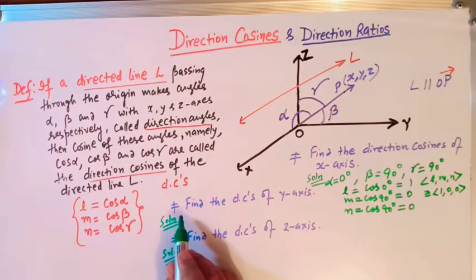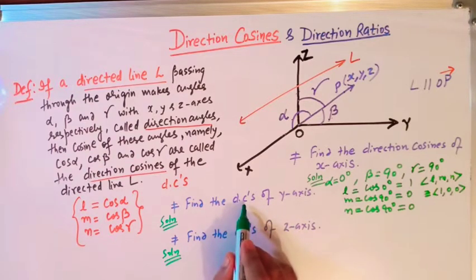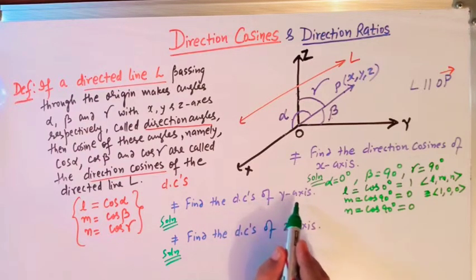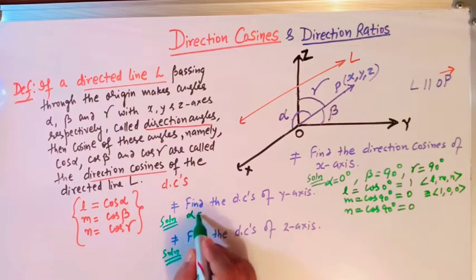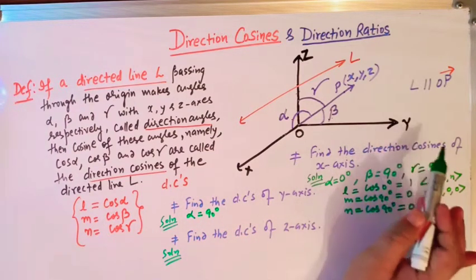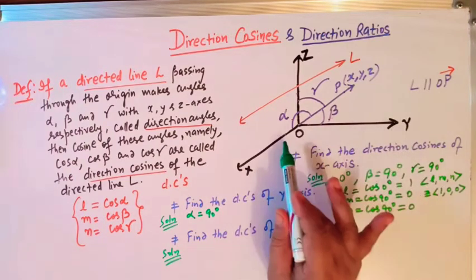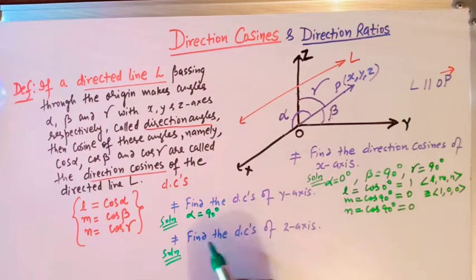Now here we have to find the direction cosines of the y-axis. So alpha is 90 degree, because the y-axis makes an angle of 90 degree with the x-axis.